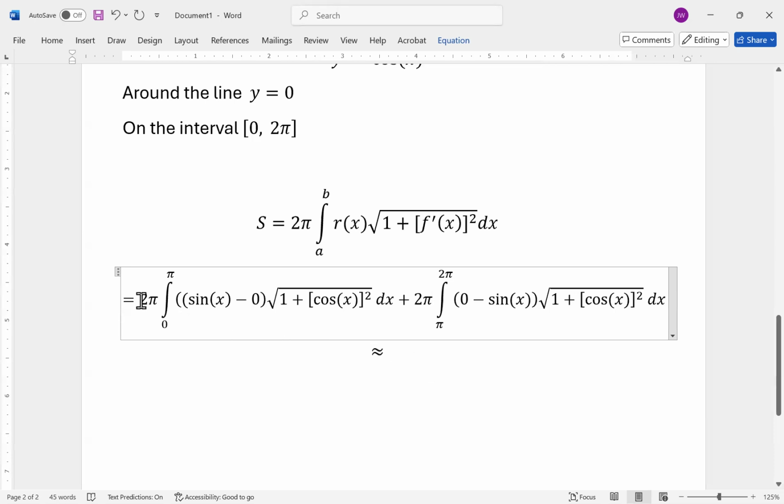And when you do this first one, you'll get the exact same value as when you do this second one. The value of each individually is about 14.42.